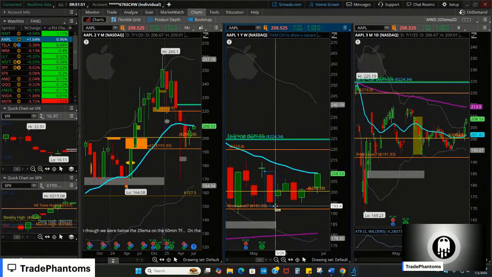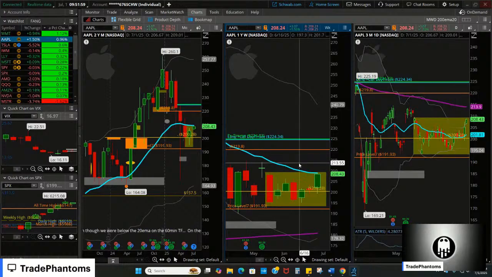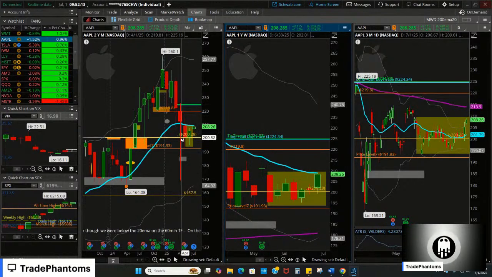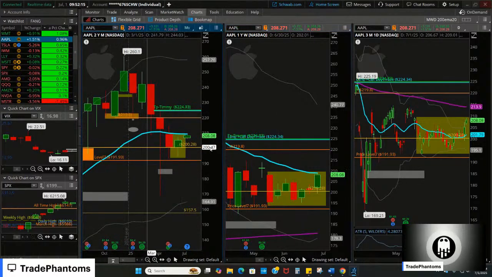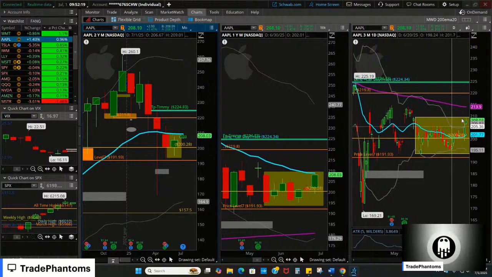So again, this looks like it wants to break out, but has been a failed breakout for multiple weeks. So is this going to be the week? Not sure. If you're playing it, then there might be a loss or two or three. That has been the case, as it did not follow through. Monthly, weekly, daily, but maybe a new month of July could potentially give Apple some rebirth strength. We'll see.